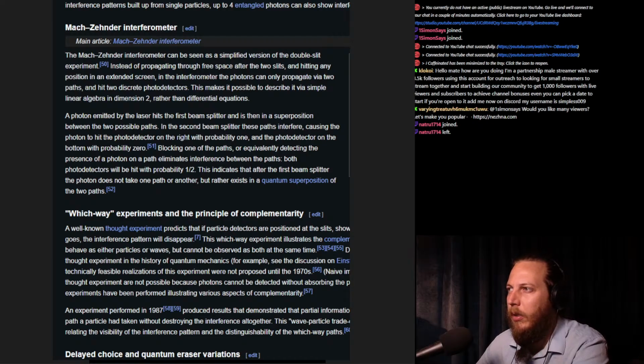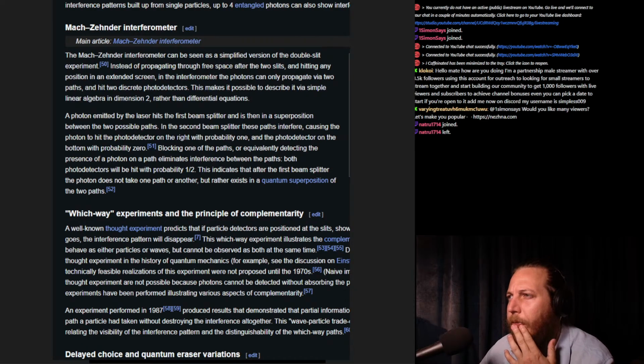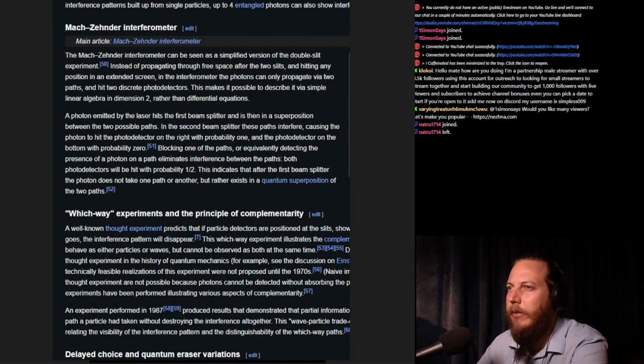Huh. Hits the first beam splitter. Okay, right, okay. And blocking one of the paths, or equivalently detecting the presence of a photon on a path, eliminates interference between the paths. Both photodetectors will be hit with.